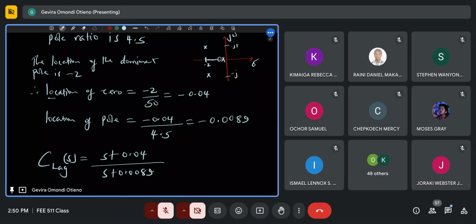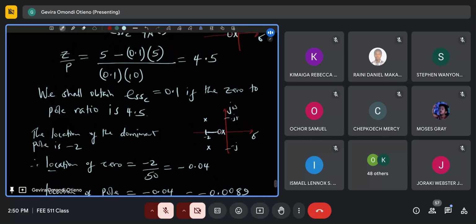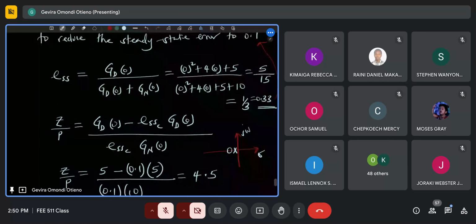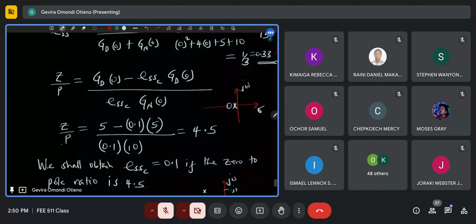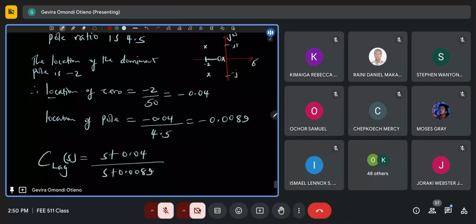The idea is simply to come up with the zero and the pole location that would reduce the steady state error to 0.1, the compensated steady state error, because our system exhibited a steady state error of 0.33. So to reduce that, we needed to have a zero to pole ratio of 4.5. Then I've shown you how to determine the zero location. You just make it at least 50. So somebody would have decided to put this as 60. Still, your design should be correct.